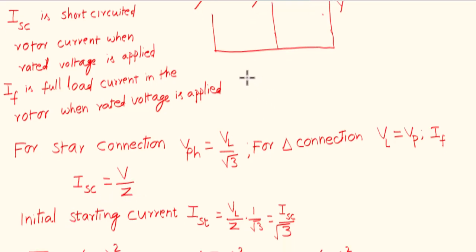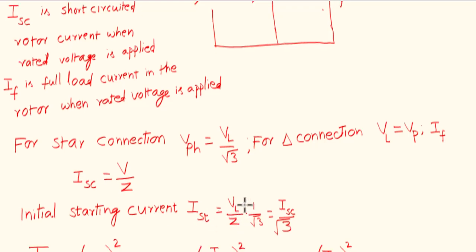When the stator winding is initially connected in the star form, the initial starting current is given by the phase current, the line voltage divided by root 3. That is, phase voltage will be obtained by dividing the line voltage by root 3, and the per phase impedance is Z, so dividing VL by root 3 with Z, the equation becomes this.